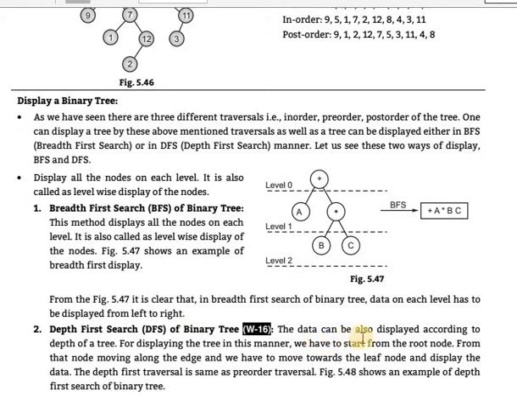The data can also be displayed according to the depth of a tree. For displaying the tree in this manner, we have to start from the root node, move along the edges towards the leaf node, and display the data. The depth first traversal is the same as the pre-order traversal.